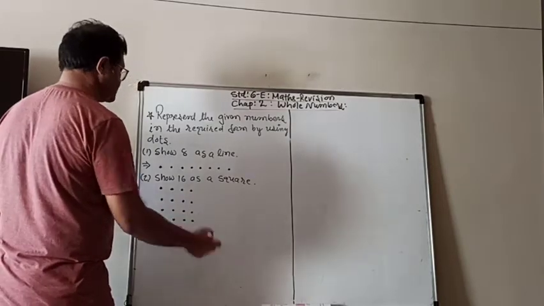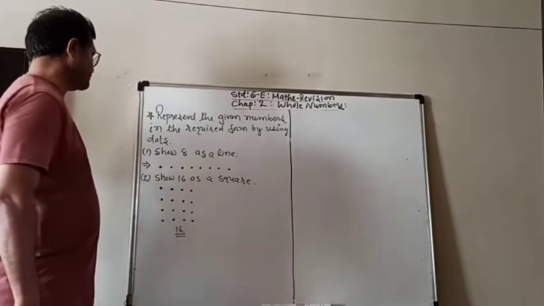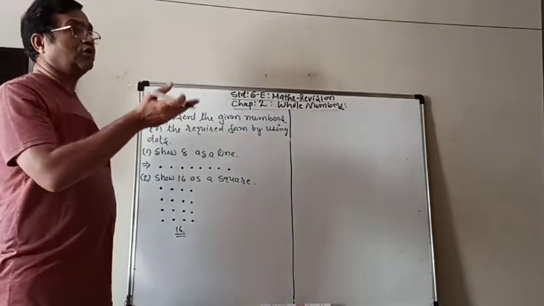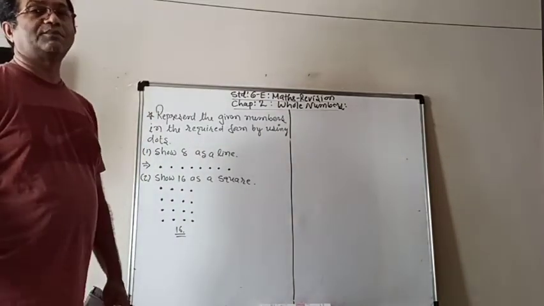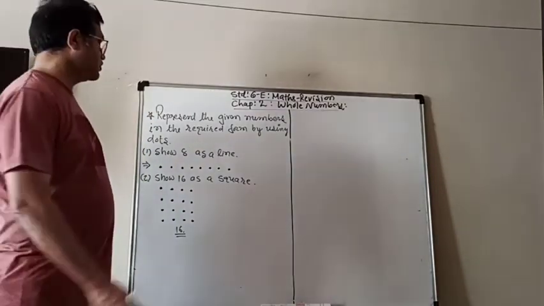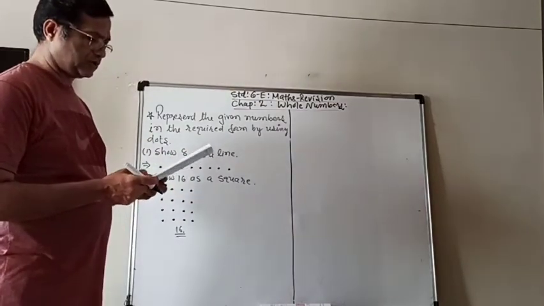So this is the 16 we represent as a square. 4 dots in a row and such 4 columns. So we make the square of the dots.